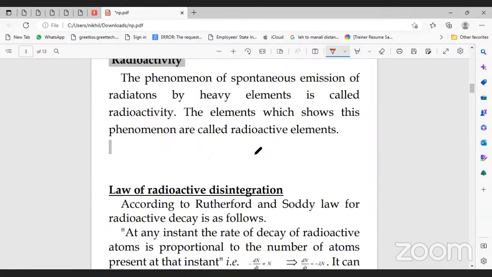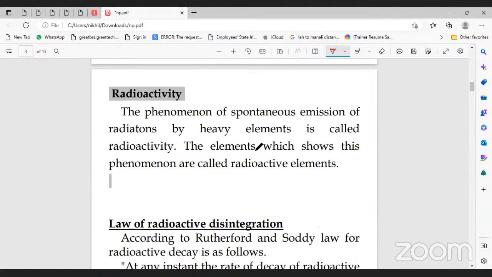So let me take up the concept of radioactivity. It is the same chapter only, the nuclei chapter, but under the nuclei, this is a small concept about radioactivity. Yes, if you consider a heavy nuclei having mass number more than 200, this is a heavy nuclei.